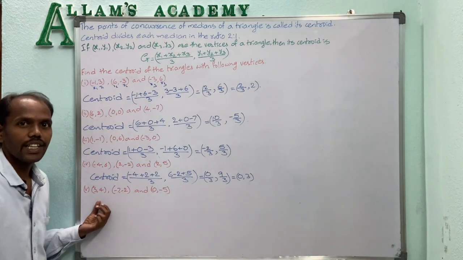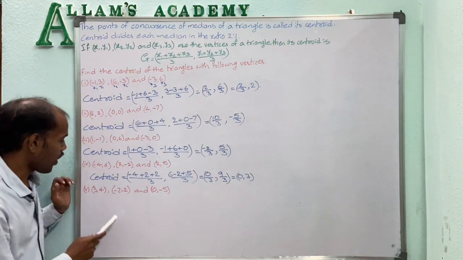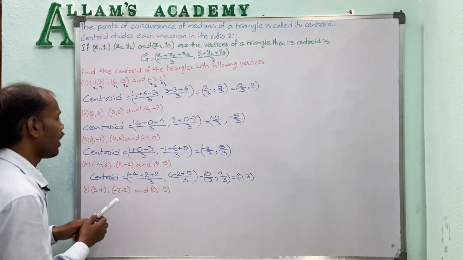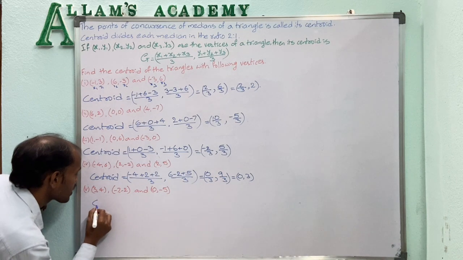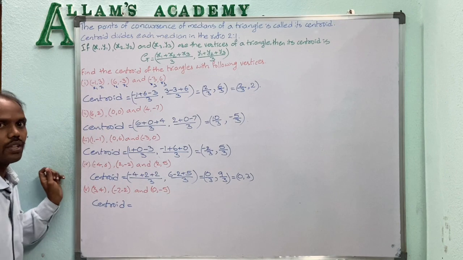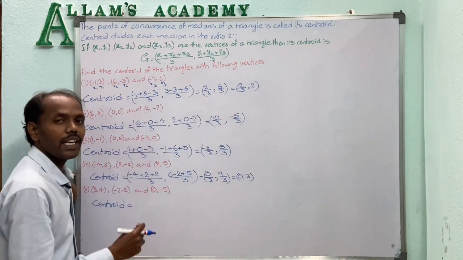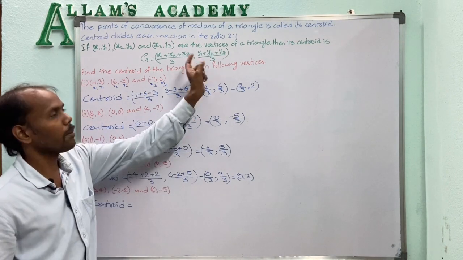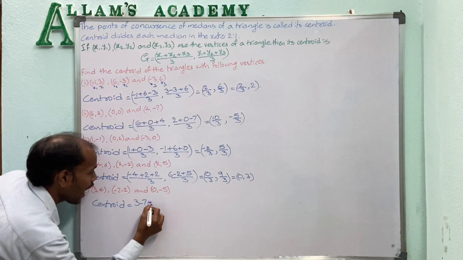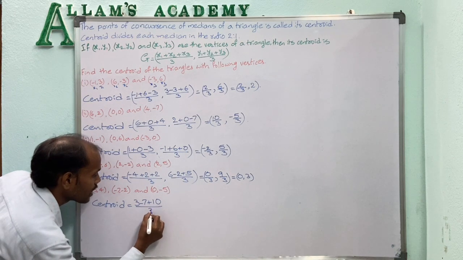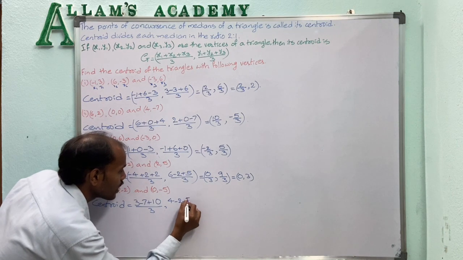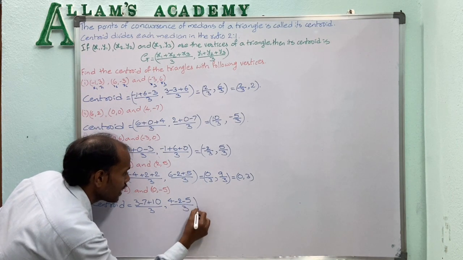Find the centroid for the triangle formed by the vertices (3, 4), (-7, -2) and (10, -5). Now the centroid formula is ((x1 + x2 + x3)/3, (y1 + y2 + y3)/3). Here x1 is 3, x2 is -7 and x3 is 10, by 3, y1 is 4, y2 is -2, y3 is -5, by 3.